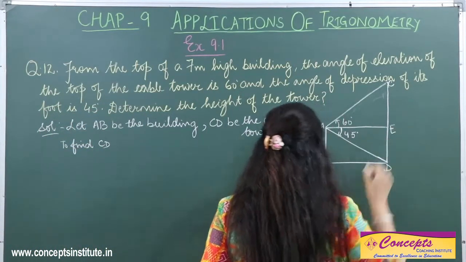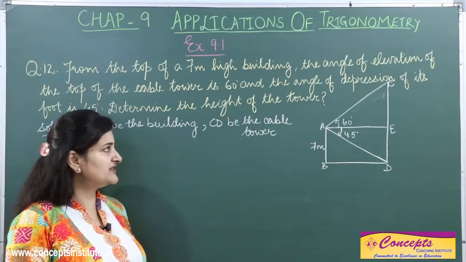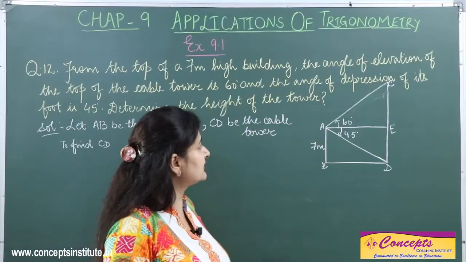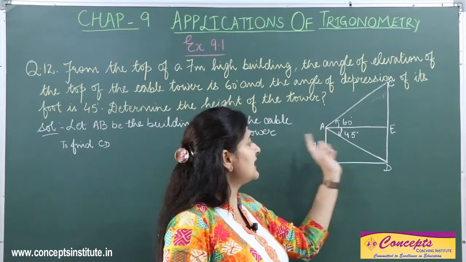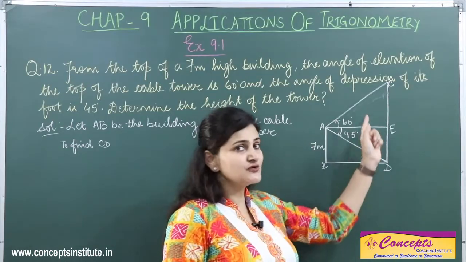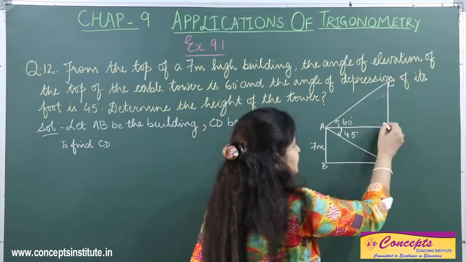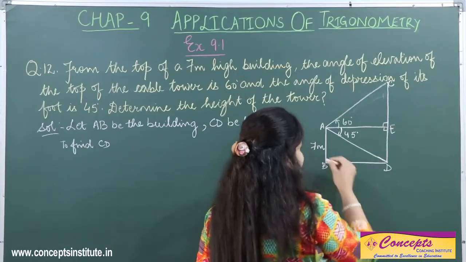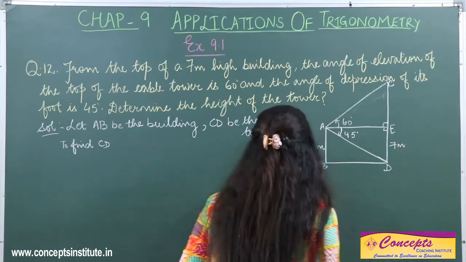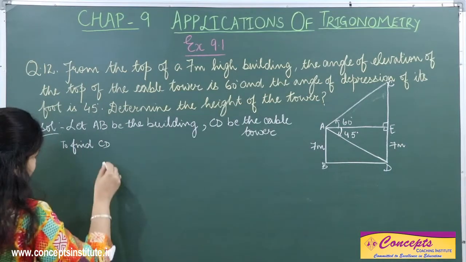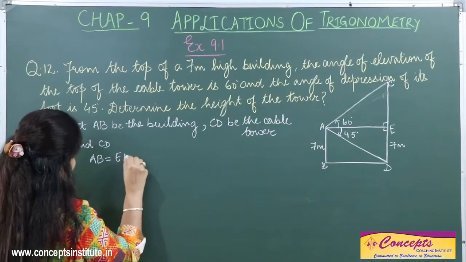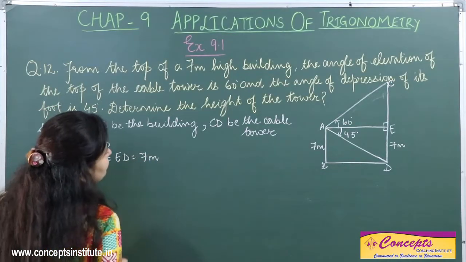Let me just name it as E. Now students, which are the two right triangles that I have? I have the right triangles ACE and AED, isn't it? So I am going to apply the T ratios in these two right triangles, and as you can see that AB is 7 meter, therefore ED is also 7 meter, and that is what I am going to write here. AB is equal to ED, this is equals to 7 meter.